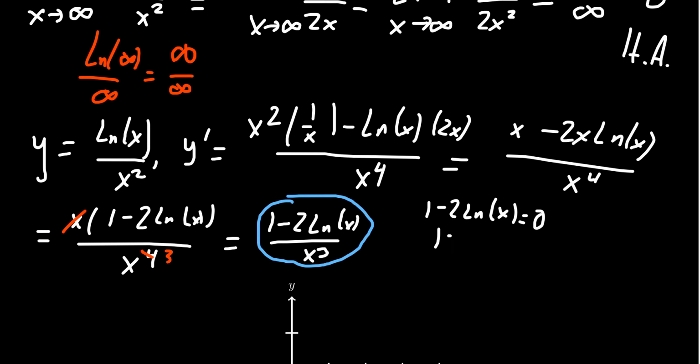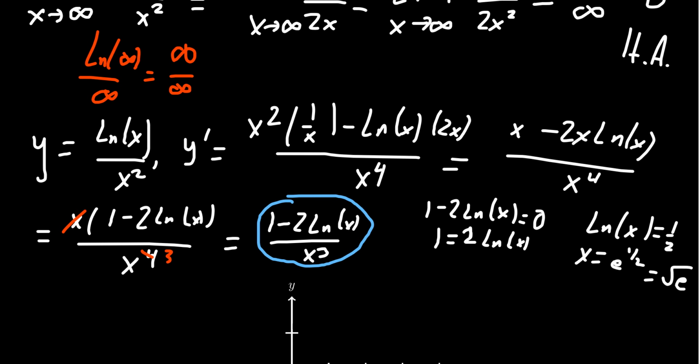So we get 1 equals 2 ln of x, which would tell us the natural log of x equals 1/2, or x equals e to the 1/2 power, or if you prefer, the square root of e. And let's see, the square root of e, that's approximately, I should have put this in my calculator beforehand. This is approximately 1.65 for future reference.